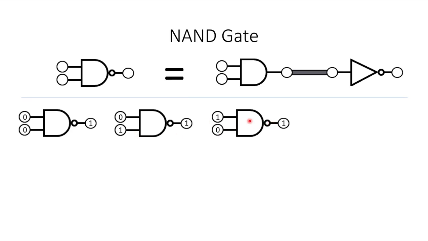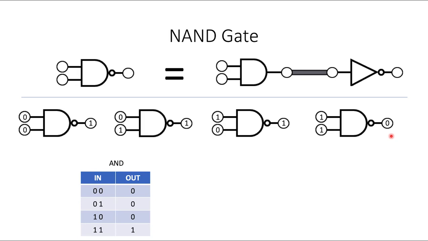This is pretty much identical to the previous case, because it doesn't matter if you flip around the 1 and the 0, the same thing happens in the AND gate. It goes to 0. The last example is when I give it a 1 and a 1. This is the only different one, in the sense that 1 and 1 put through an AND gate gives you a 1. But then if you pass that 1 through a NOT gate, it flips it and gives you a 0.